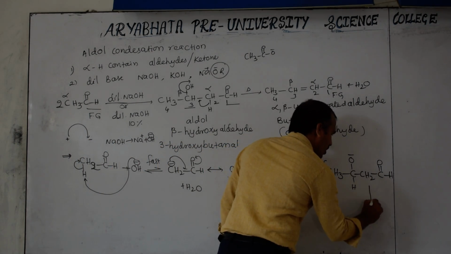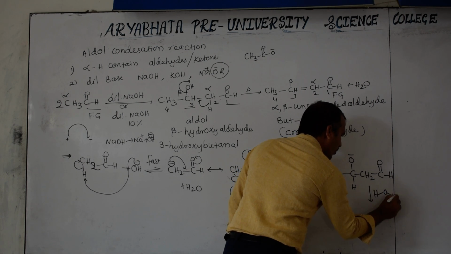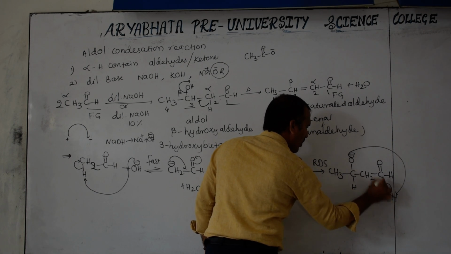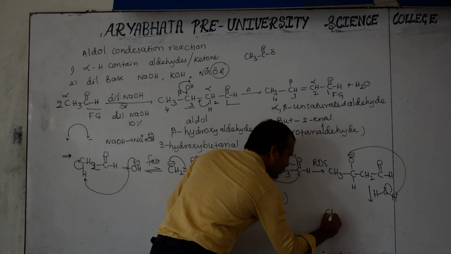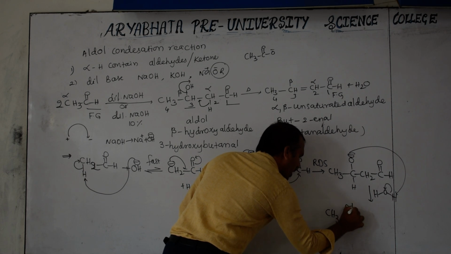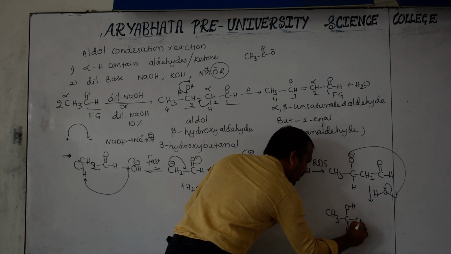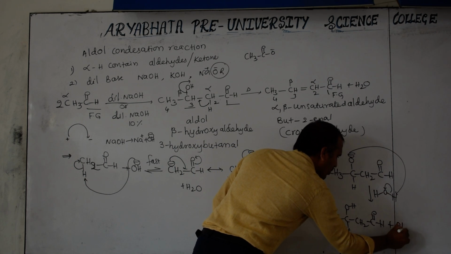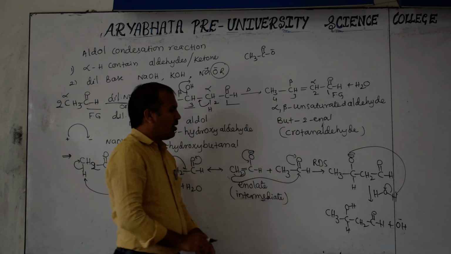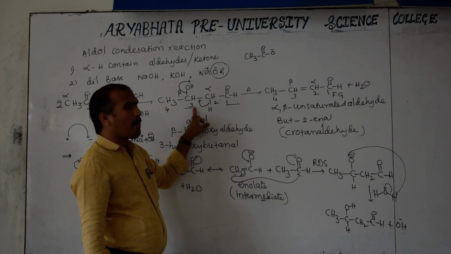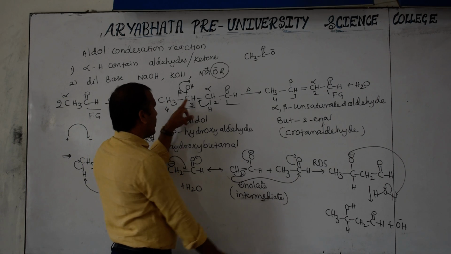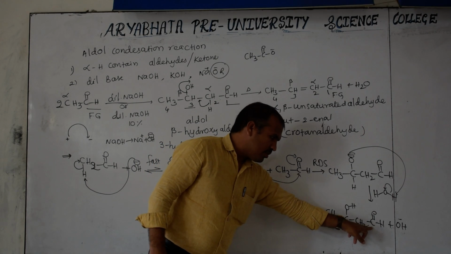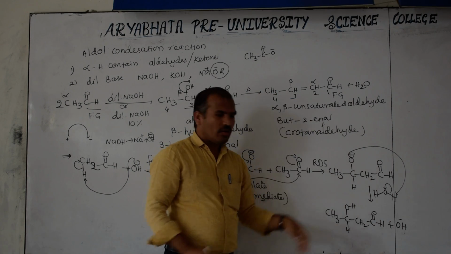So this water molecule acts here like this. Then you will get CH3, CH(OH), CH2, C double bond O, H, along with OH minus. This one product is this: CH3, CH(OH), CH2, C double bond O, H. This is all in all.